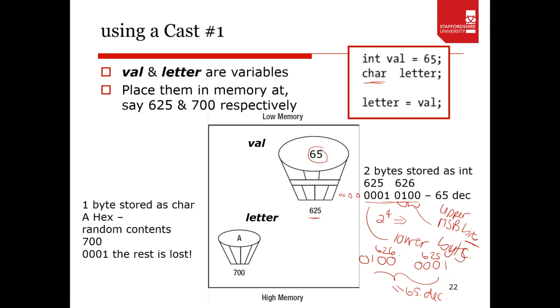For chars, we only have 1 byte rather than 2. So this would be stored as an A in hex because we would lose the rest.